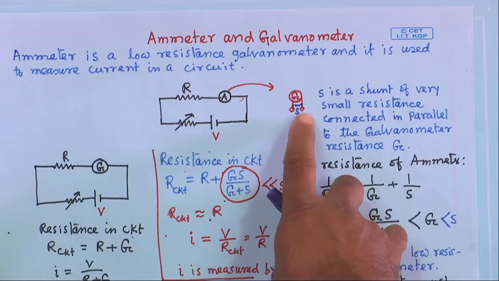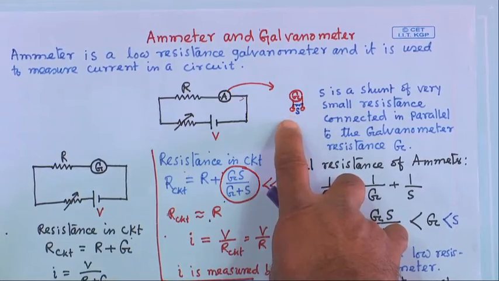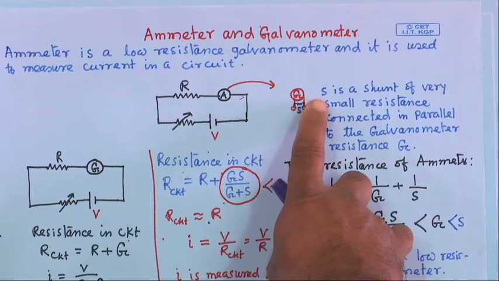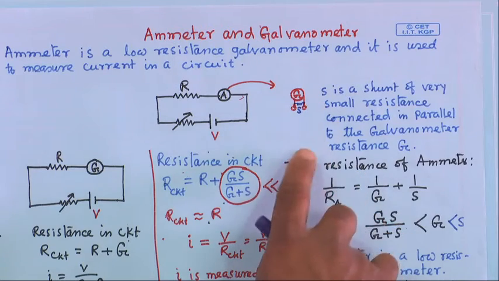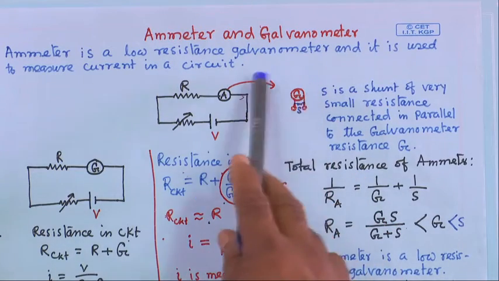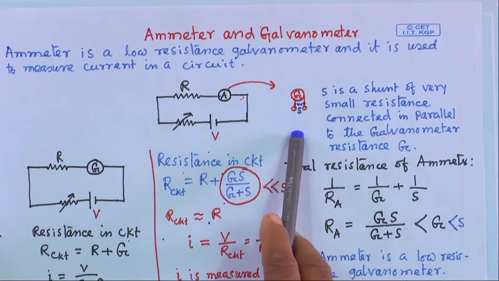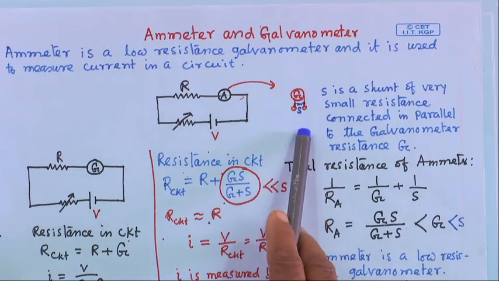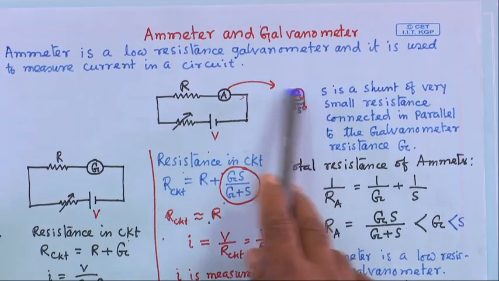Now, it is basically an ammeter after adding this shunt resistance in parallel. So, this combination of a galvanometer and a shunt resistance in parallel is an ammeter.